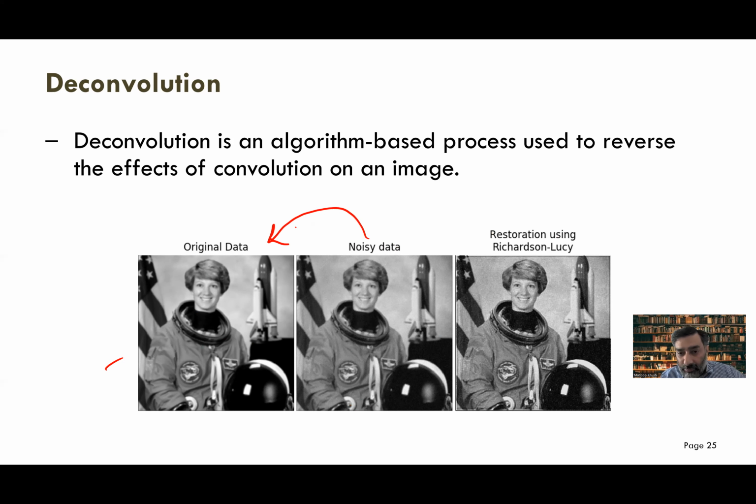You apply different kinds of methods. Here's one famous method called the Richardson-Lucy method. But now even deep learning methodologies are very sophisticated. You can take these images and train your deep learning algorithm to bring back this image. It automatically learns the noise and brings back images very close to the original data.